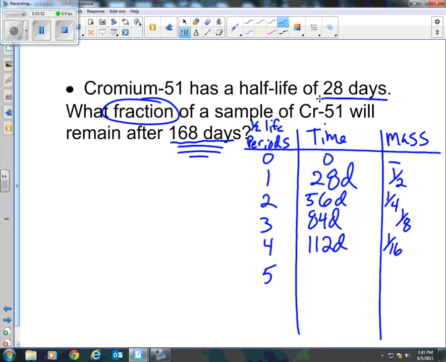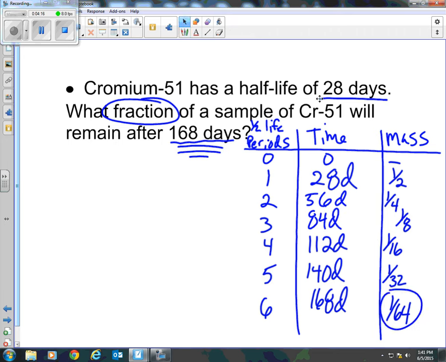After five half-life periods, we're now at 140 days, and that 1/16 becomes 1/32. And guess what? This last one, after six half-life periods, we're at that value in the problem, 168 days, and that means my answer would be the fraction that remains is 1/64. And there's my answer, the fraction that remains after that amount of time.